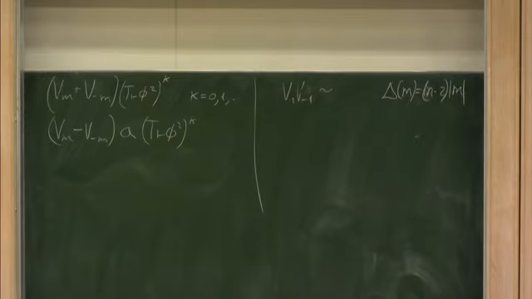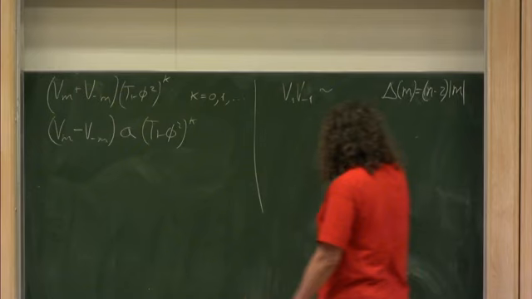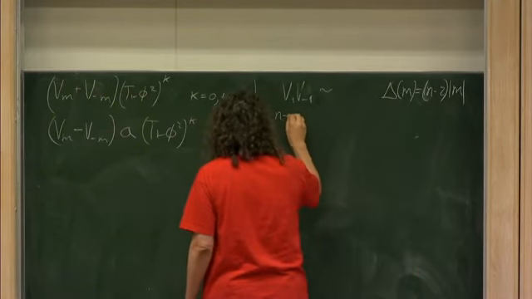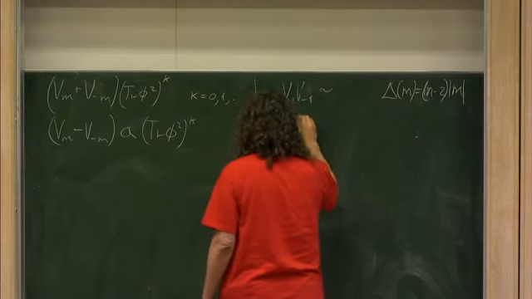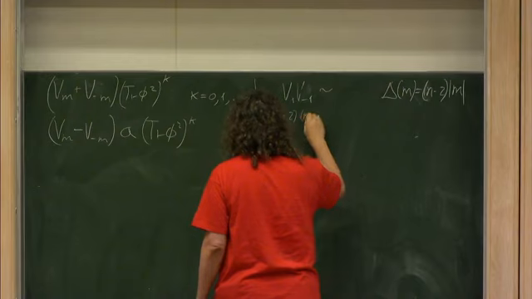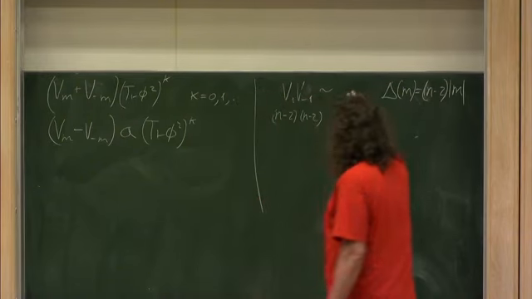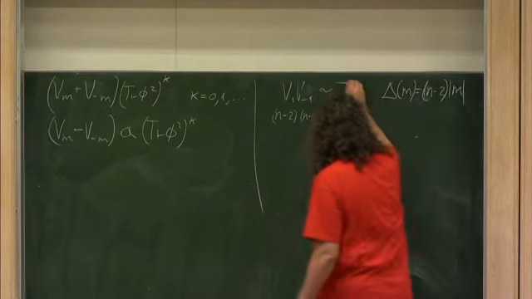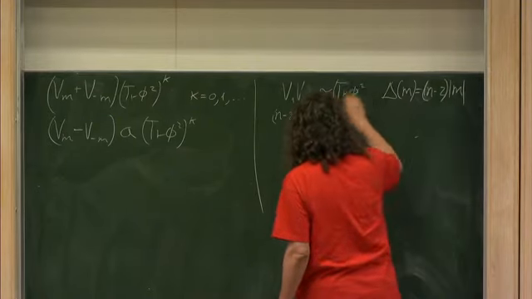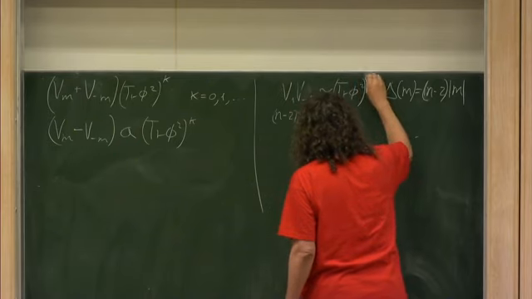Okay? So V1 is going to carry a charge n minus 2. V minus 1 is basically the same operator, so it's also going to carry the charge n minus 2. And so over here, I need to look for a power which looks like 2n minus 4. And so I'll just take trace phi squared to the power n minus 2.